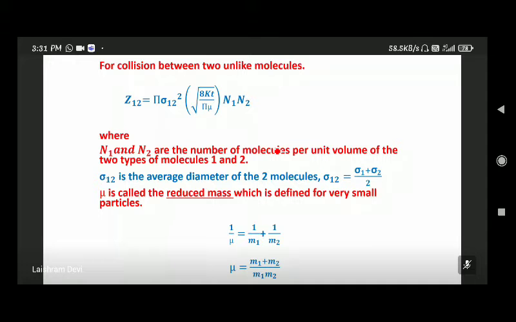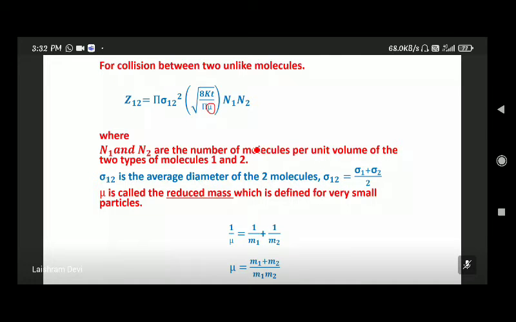For one mole it is written as root over 8 RT upon pi M. One mole के केस में M, molar mass capital M लिखोगे, single molecule के केस में m जो है mass of single molecule, that is small m, ठीक है। तो यहाँ पे it has been written in terms of, बाकी सारे same है 8 kt upon pi mu, where m is being replaced by the symbol mu, and mu is called the reduced mass.